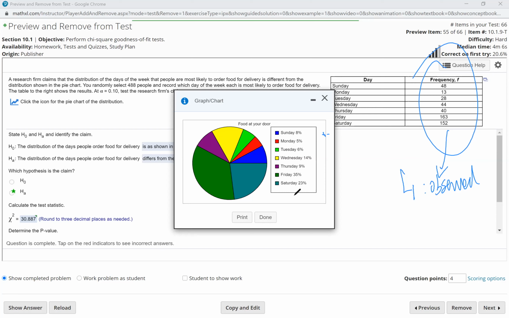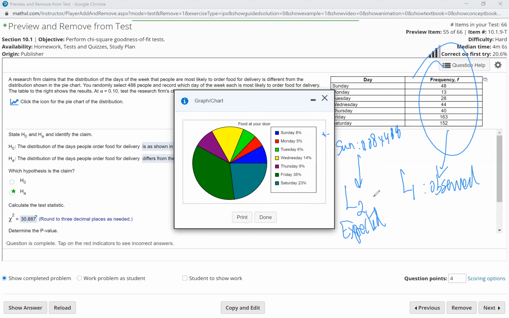You have 7%, you multiply each percent by the total, which is 488. So for Sunday, it will be 0.08 times 488. And you do the same thing for Monday. Then this is all gonna go to L2. These are the expected values. So observed in L1, expected in L2.